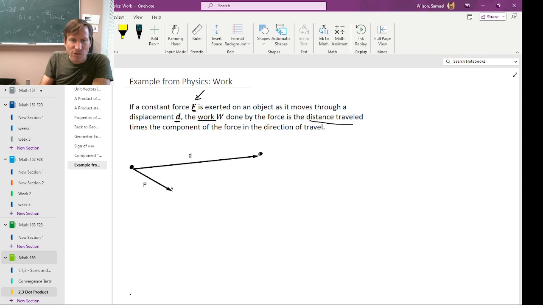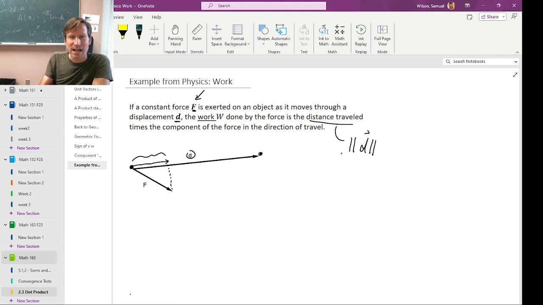And so this force, there's some portion of this force that points in the direction of travel, and we want the distance that we traveled times the part of this force pointing in that direction. Okay, so the distance traveled, well, if d is our displacement, the distance traveled is just the magnitude of d.